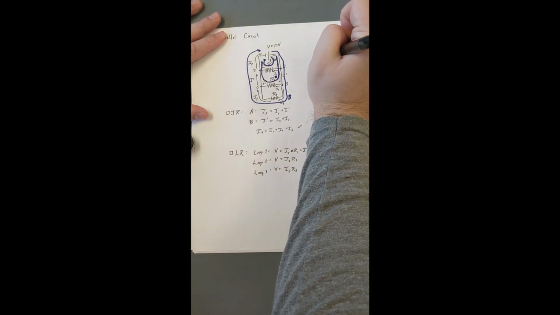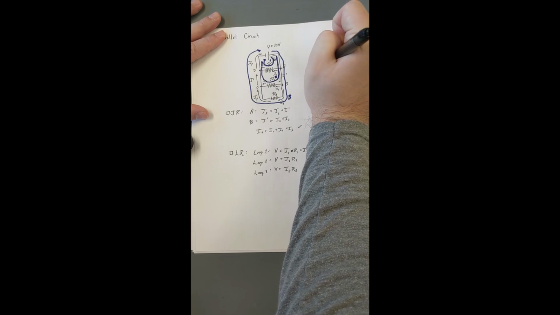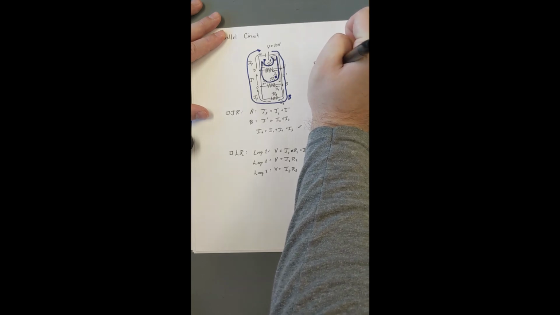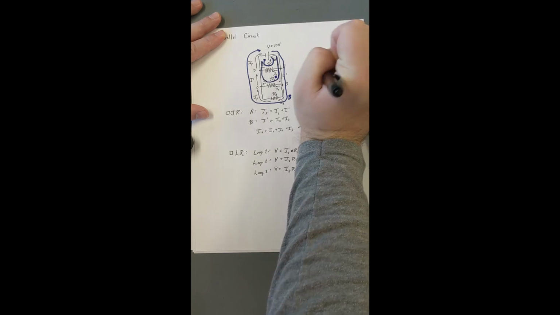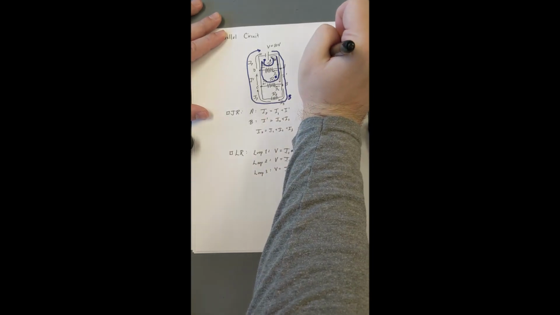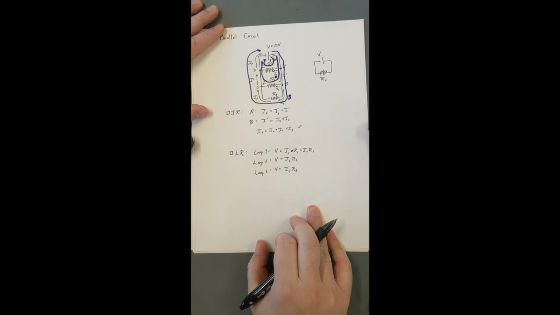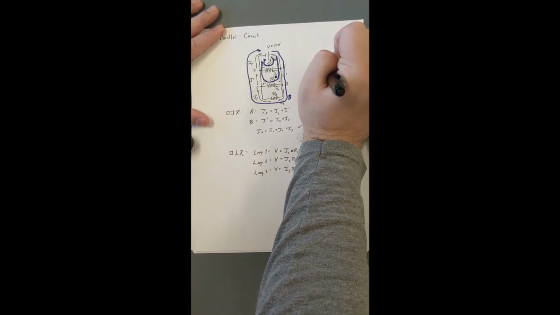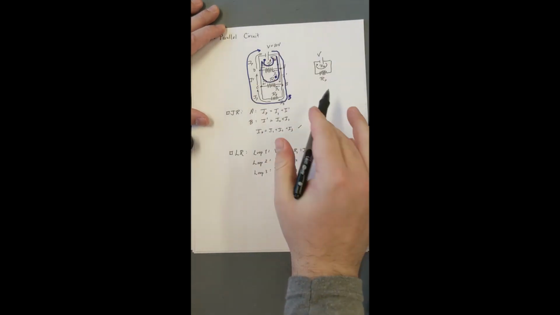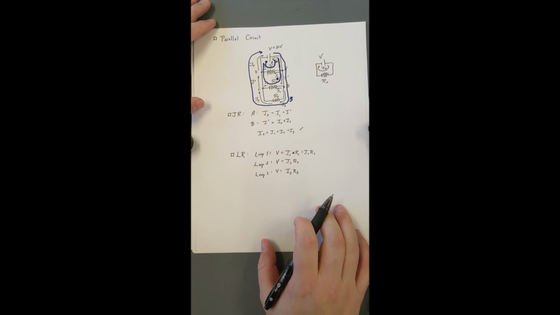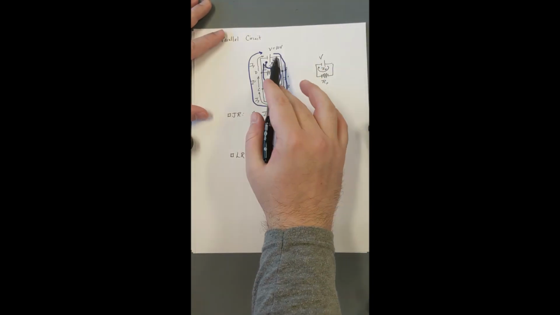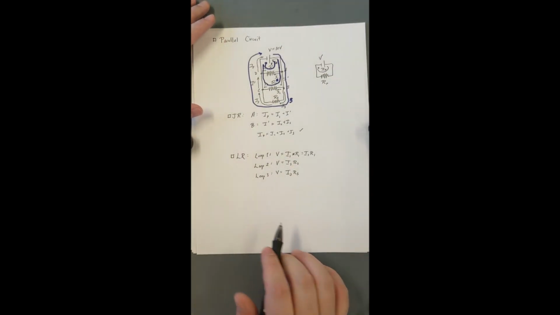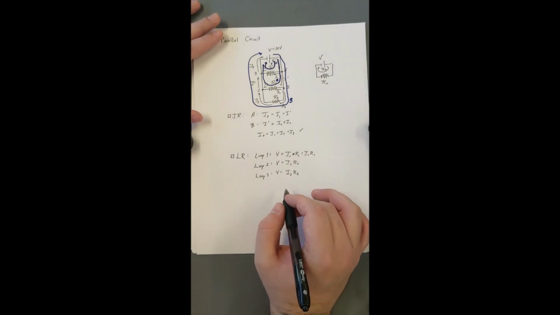Now if we were to create a similar setup with just a single resistor, and we call this resistor R sub P with the same voltage V, we can then find what the total resistance is, based on the fact that we know the current that's coming into our system if we were to measure that.